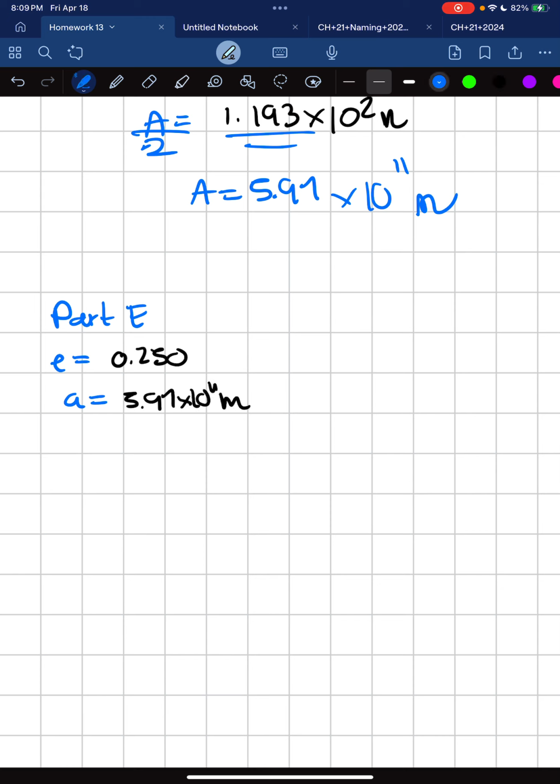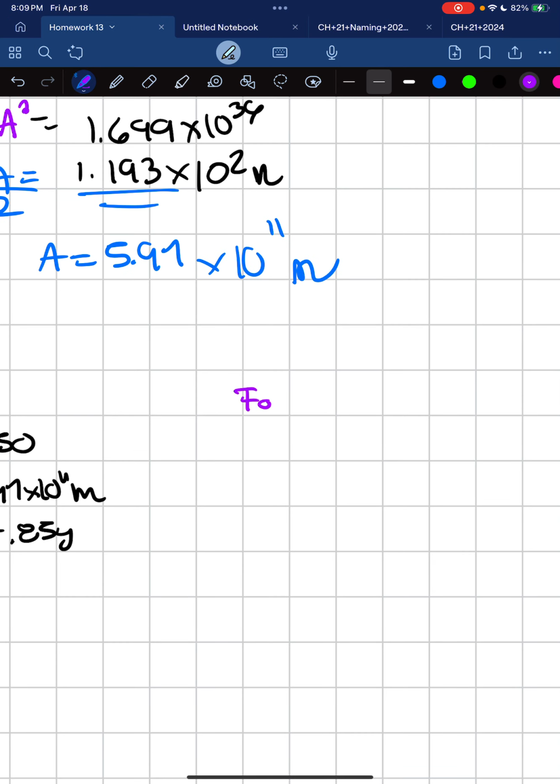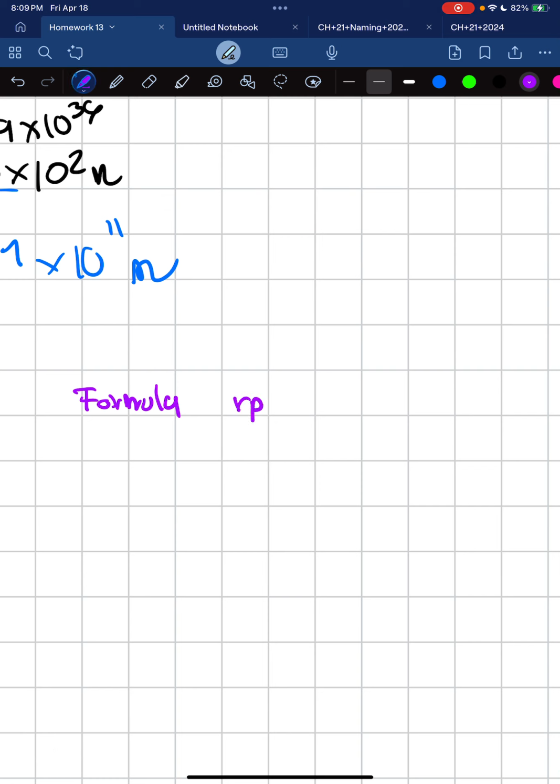And then we also have the period, which was 7.85. Okay. So now let's find the formula. The formula that we're gonna use is 1 minus eccentricity, and then we're gonna solve to find the distance from the sun to the asteroid. So let's find RA and RP.